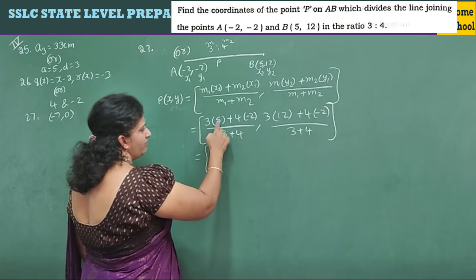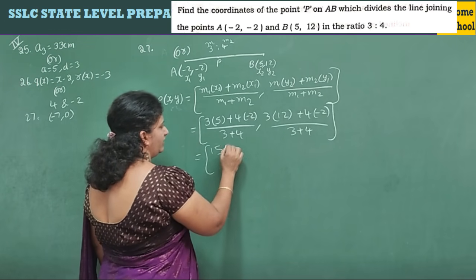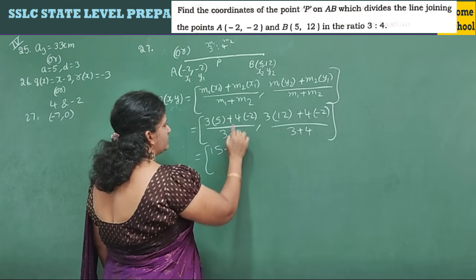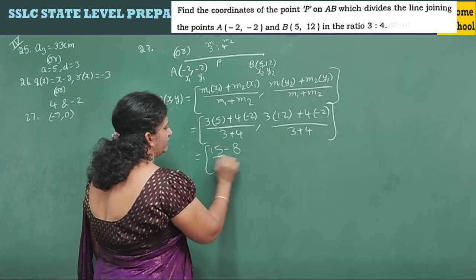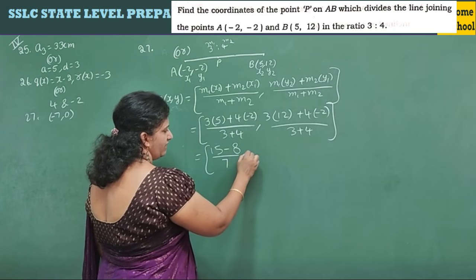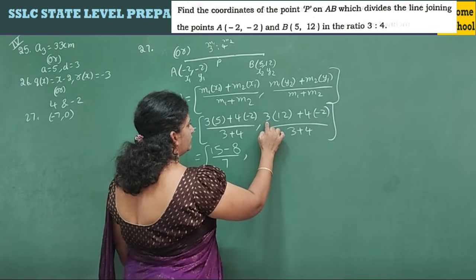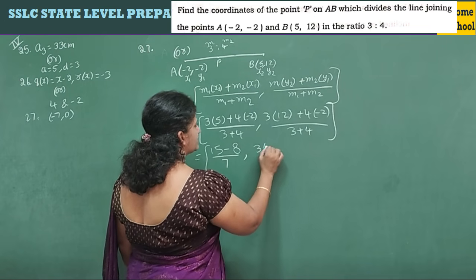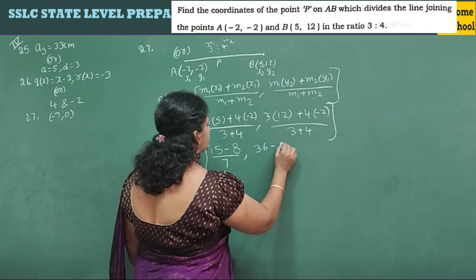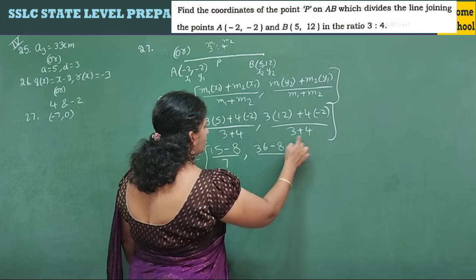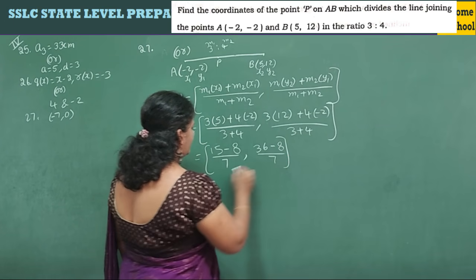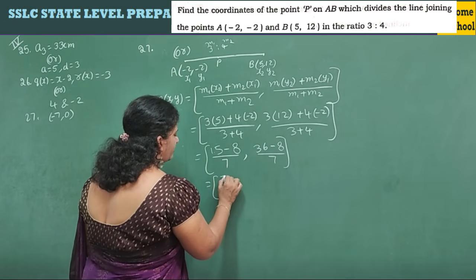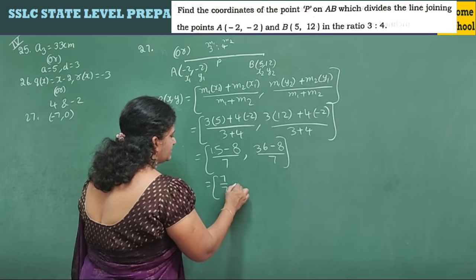Now multiply: 5 3s are 15, plus into minus, minus 4 2s are 8, 3 plus 4 is 7, comma 3 12s are 36, minus 4 2s are 8, by 3 plus 4 is 7. 15 minus 8 will be 7, 7 by 7.